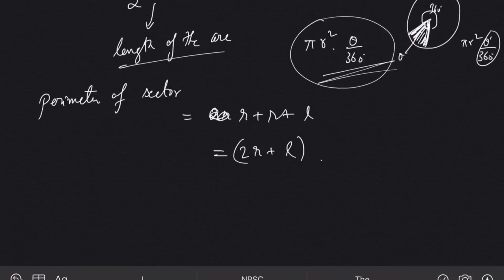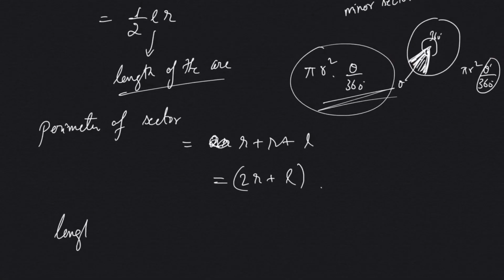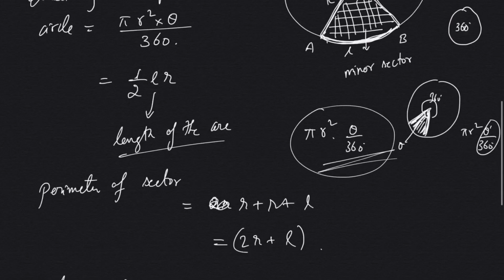And of course, the length of the arc, denoted by L, will be given by the part of the circumference of the circle.